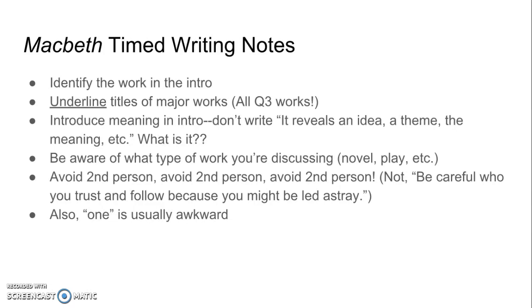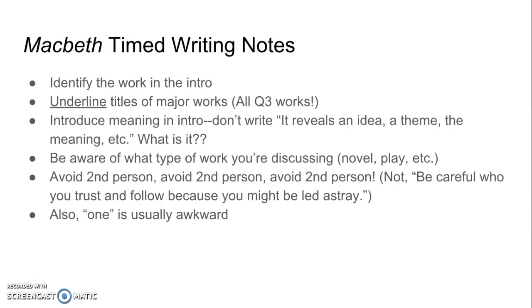I wrote this next suggestion 3 times. Avoid second person, avoid second person, avoid second person. So instead of writing, be careful who you trust and follow because you might be led astray, you would write, people should be careful who they trust and follow because they might be led astray.